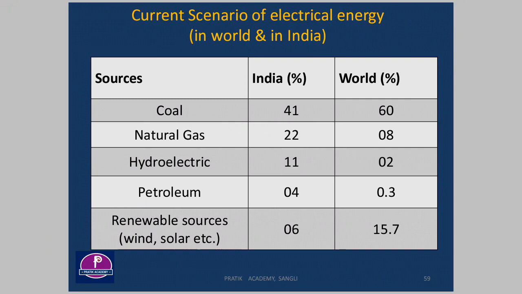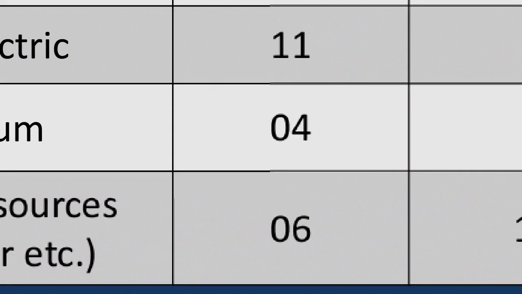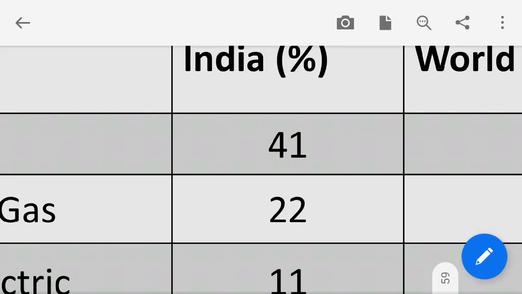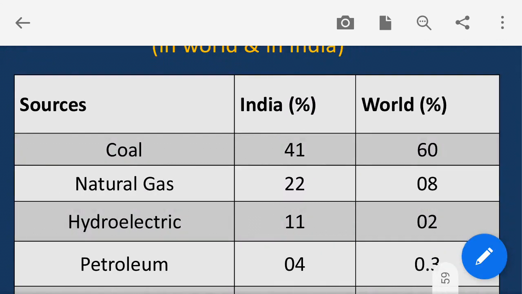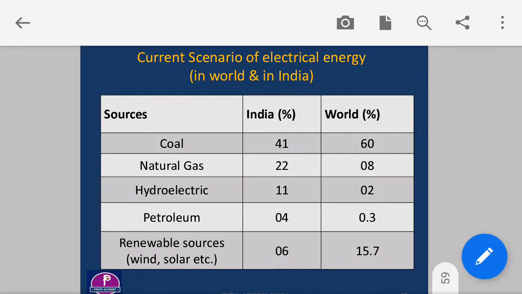So if in India we want to reduce pollution or reduce damage to the environment, we have to increase this portion and reduce the coal portion. So maximum use of green energy is a must for the safety of the environment.